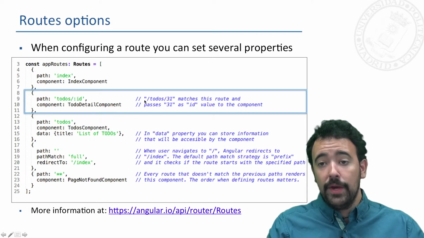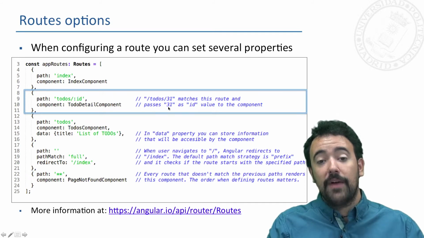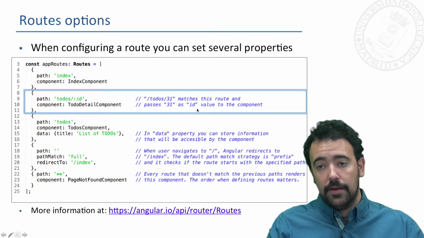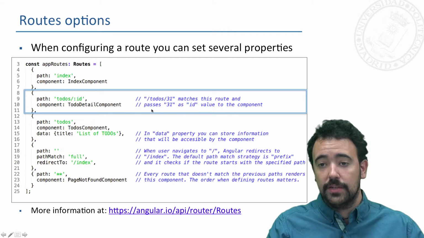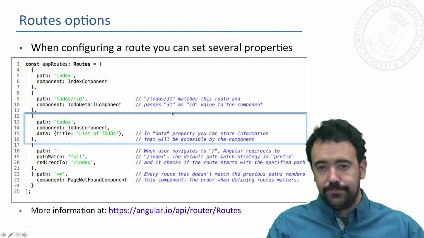So if we, for instance, navigate to to-dos 31, this will match this route and pass to the to-do detail component the value of the ID parameter. We will see in the next slide how we can access this parameter in the component.